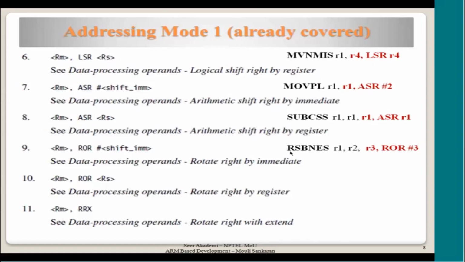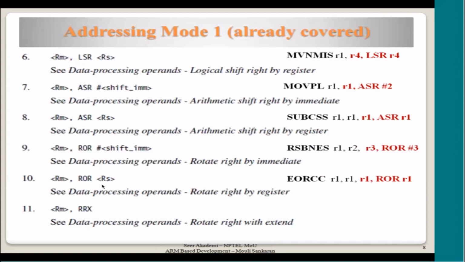RSB is reverse subtract. That means instead of this operand minus this, you take whatever comes after this operation minus R2, and then write into R1, provided the zero flag is clear. It will affect all 4 flags, because RSB is an arithmetic operation.